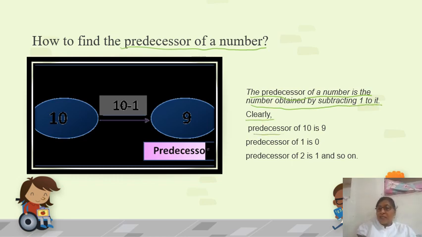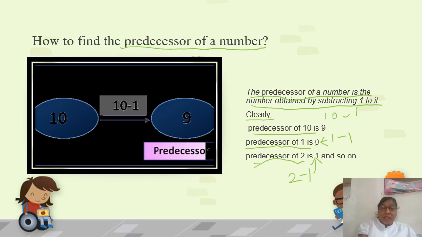Clearly, the predecessor of 10 is 10 minus 1, 9. Predecessor of 1 is 1 minus 1, 0. Predecessor of 2 is 2 minus 1, it is 1.